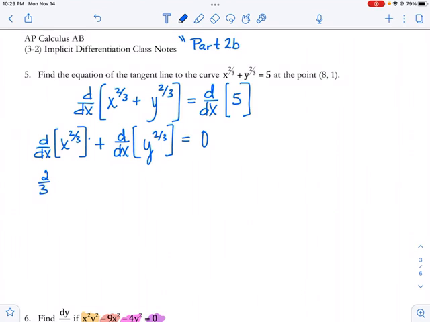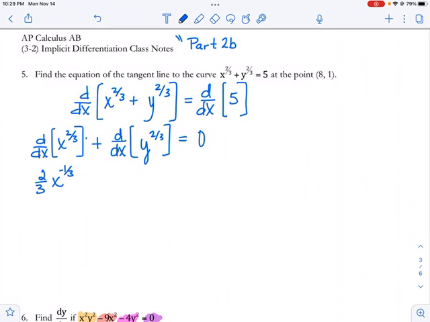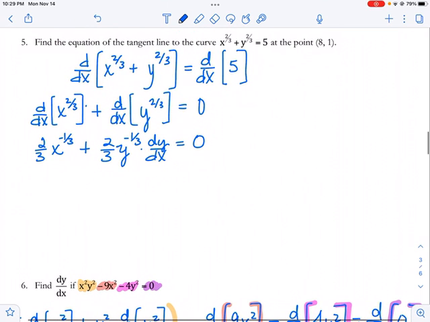So we get 2/3 x to the negative 1/3. We take 2/3 and subtract 3/3, so it's negative 1/3. And then we have plus 2/3 y to the negative 1/3, and then we have to multiply by dy/dx, is equal to 0. So now we could multiply everything through by 3/2, and that's kind of convenient.